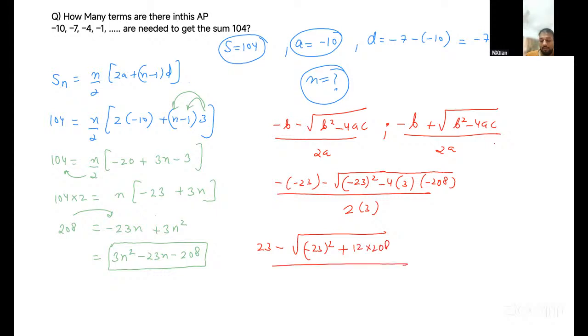Then you have to solve it. Did you understand, guys? Yes or no? Yes. Edric, you got the answer? Not yet. Quickly solve it.